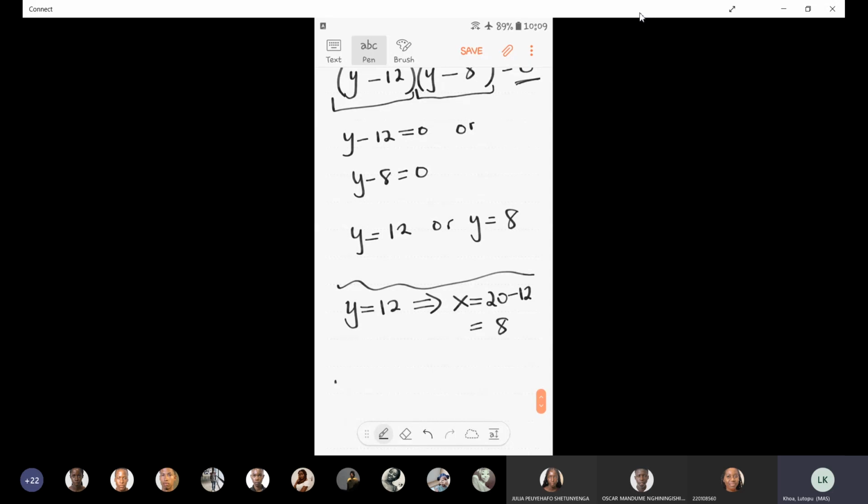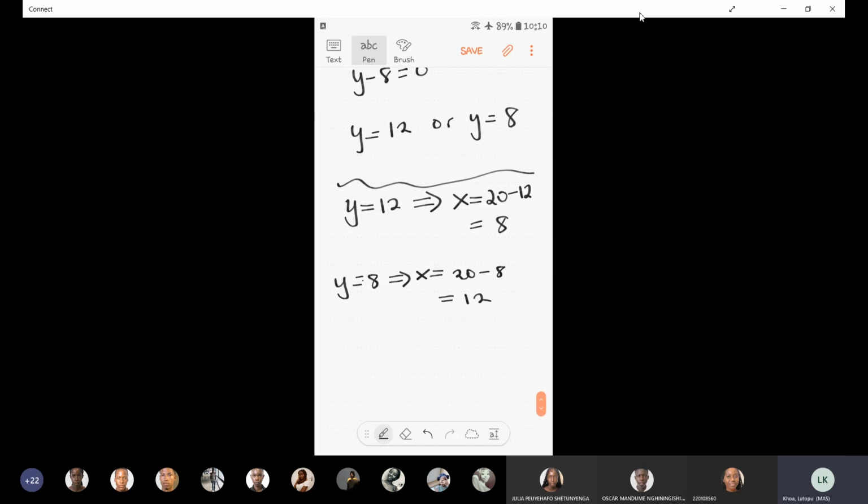And then when y is equal to 8, this means that x is equal to 20 minus 8, and this is equal to 12. Now these solutions are pairs, okay? So you don't just say x is 8, 12, y is 12, 8.